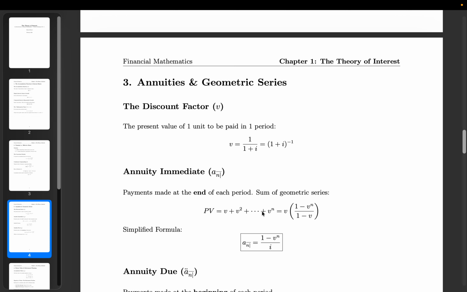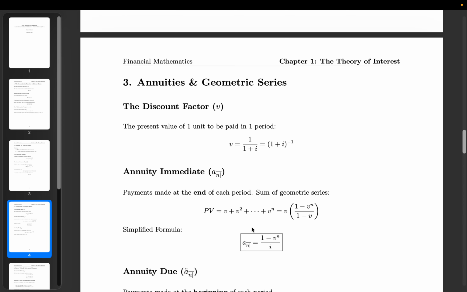So if I promise to pay you $1 every year for n years, the value of that deal right now is v plus v squared plus v cubed, up to v to the power n, which equals v times (1 minus v to the power n) over (1 minus v).